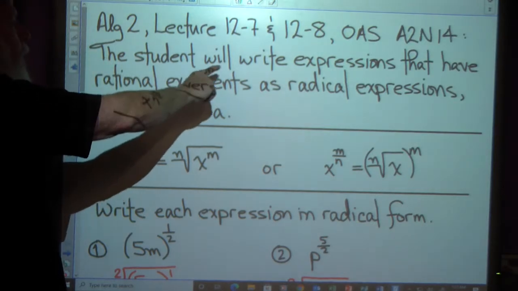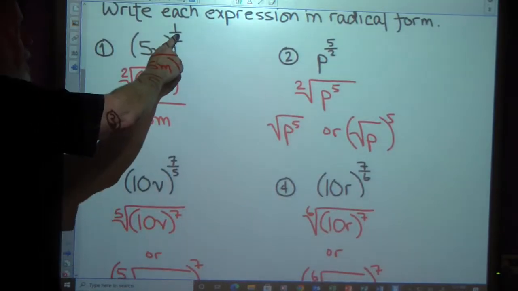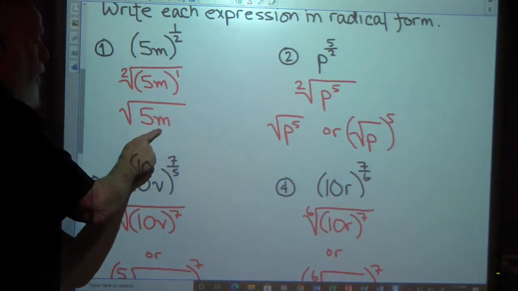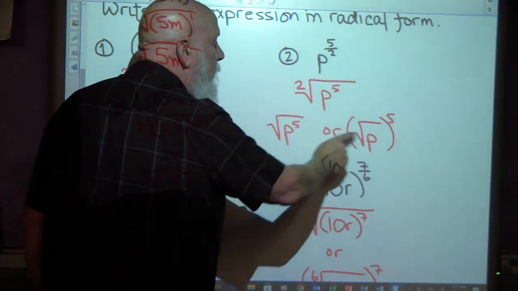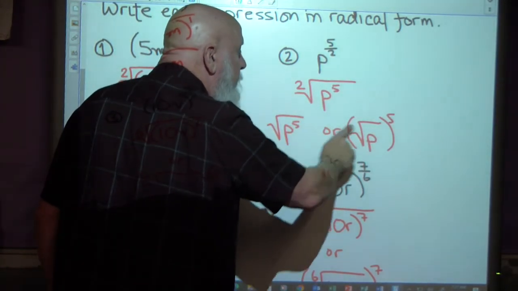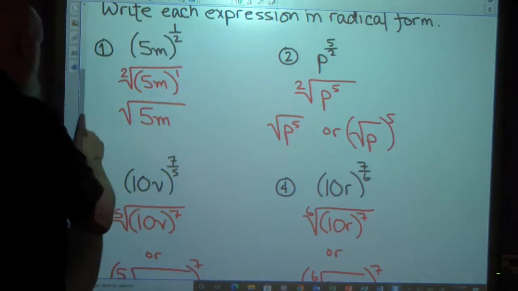The student will write expressions that have rational exponents as radicals. That's what we did here. Rational exponents, fractional exponents, we wrote them as radicals. And again, remember that these two mean the same thing, and I believe today's are going to look like this.